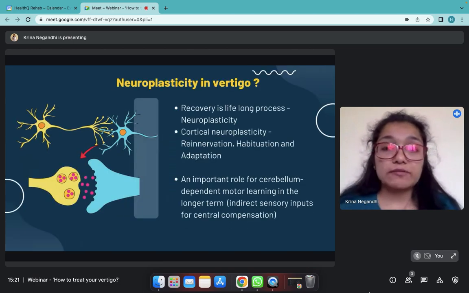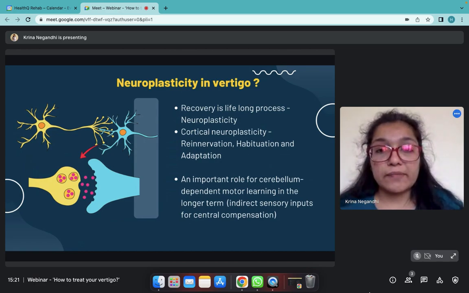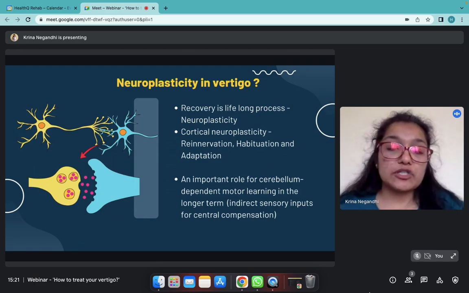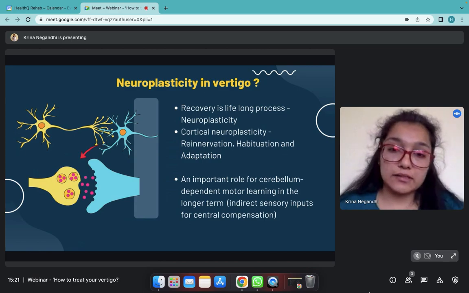With this, how can vertigo be treated? A positive approach towards neuroplasticity in vertigo helps the patient recover. Neuroplasticity is a lifelong process, and it occurs with cortical as well as cerebellar recovery. Cortical lesions can lead to reinnervation, habituation, and adaptation to external stimuli.